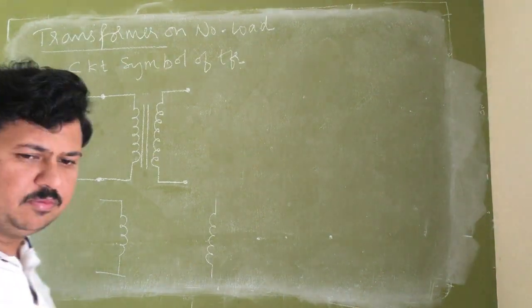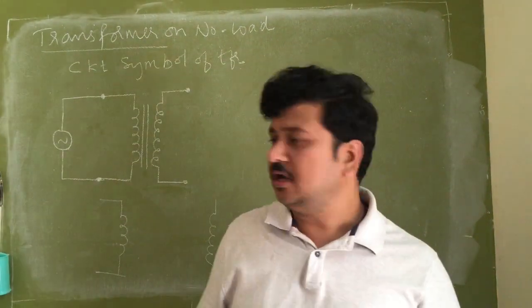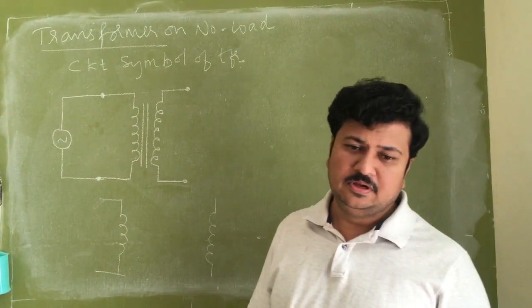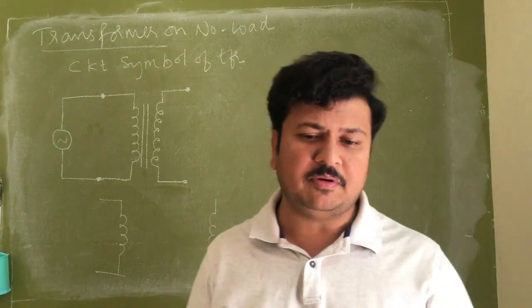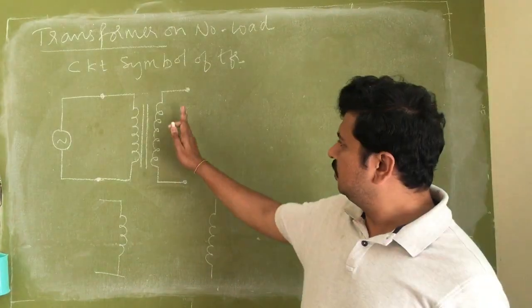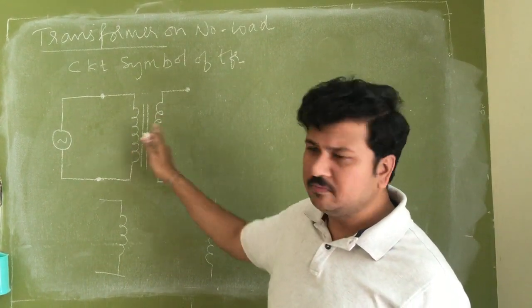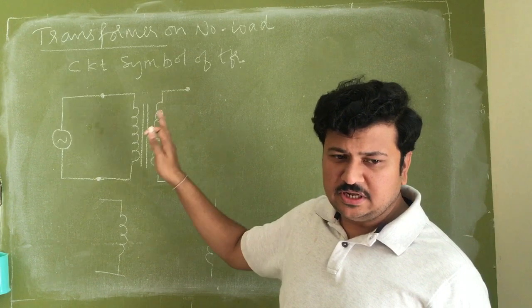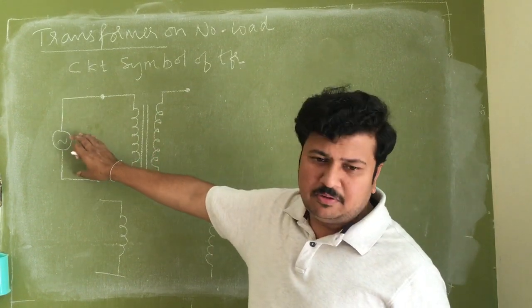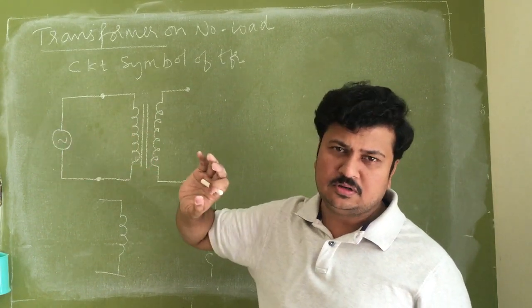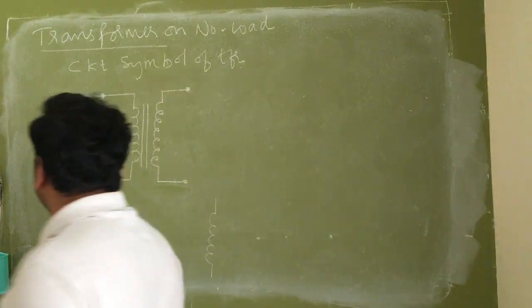So you see any transformer, the primary is always connected to the supply. So transformer will always get input power. Even if I don't connect any load here, power transfer will not take place. But still there is some power drawn by the transformer even at no load. Okay, that we will be seeing.